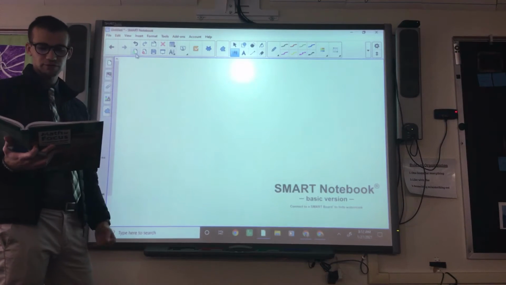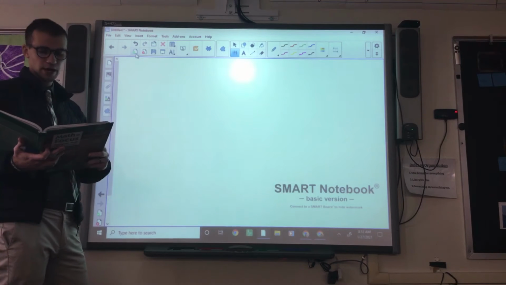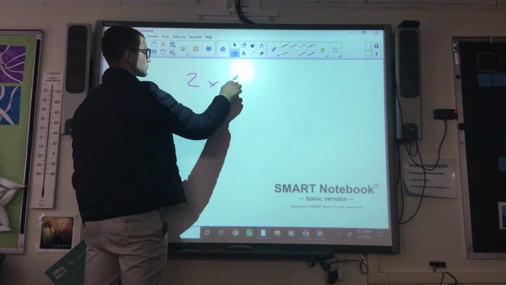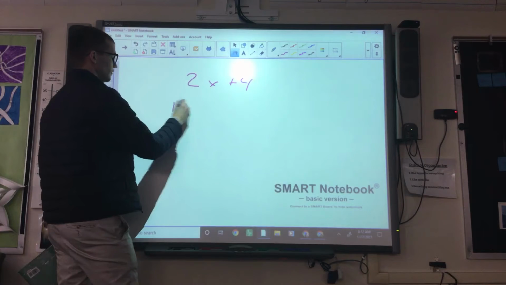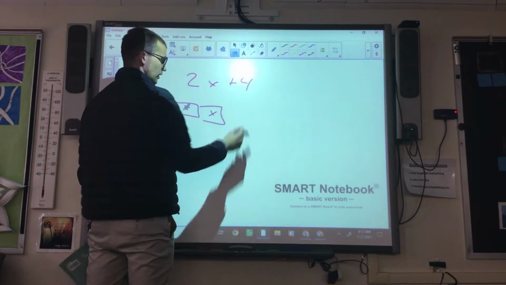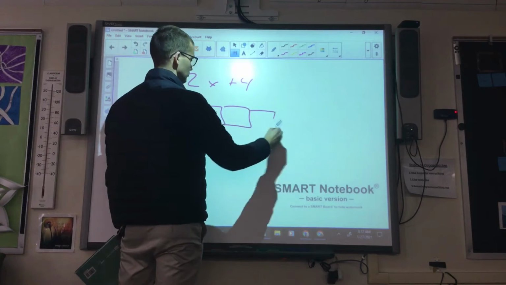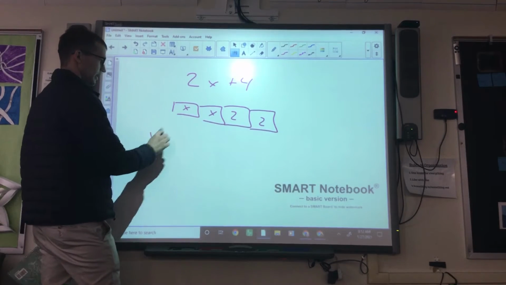Top of page 154, you can rearrange the bar model into 2 groups, so it says 2x plus 4. You've got an x and an x, and a 2 and a 2, so split them into 2 groups. Each has an x and a 2.